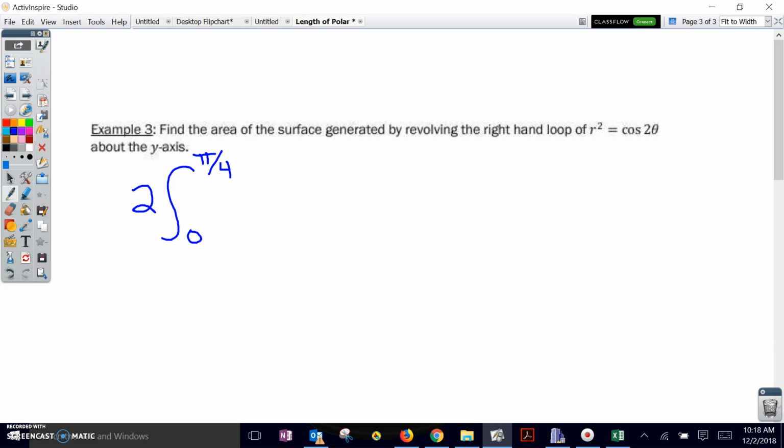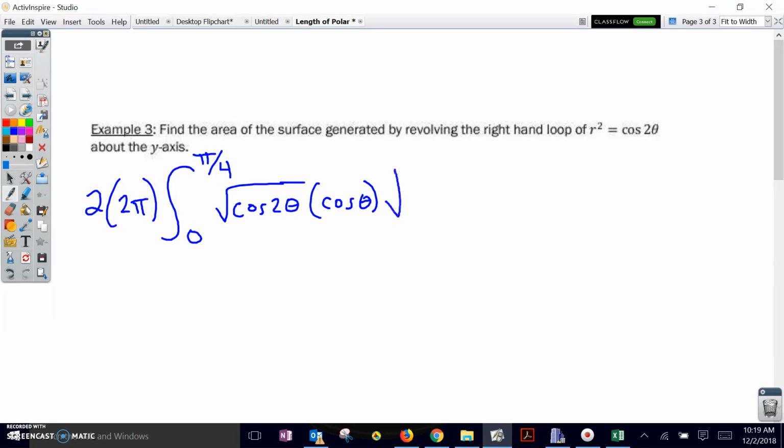So I'm going to take that original 2 and multiply it by the constant 2 pi. And then x is equal to r cosine of theta, and r here is the square root of the cosine of 2 theta, times the cosine of theta.